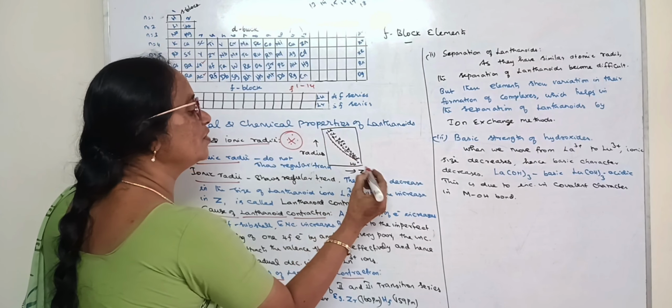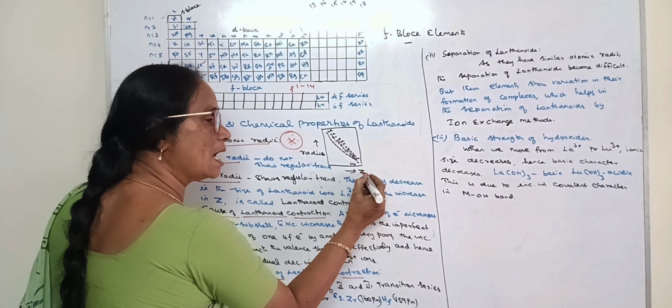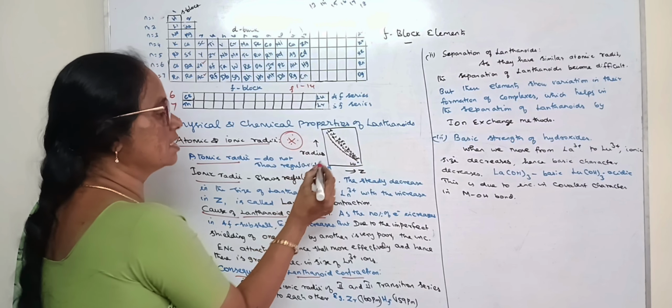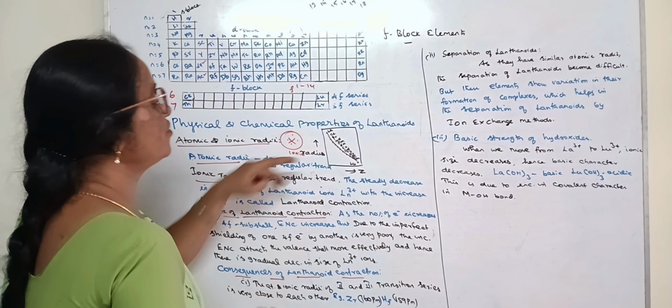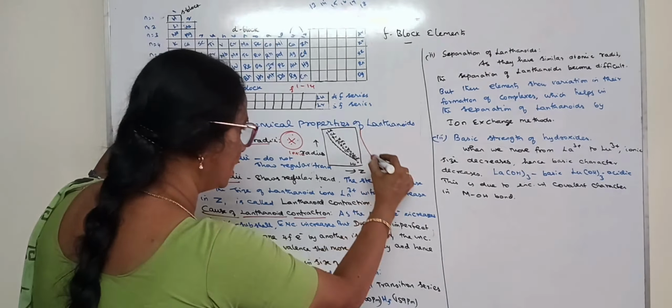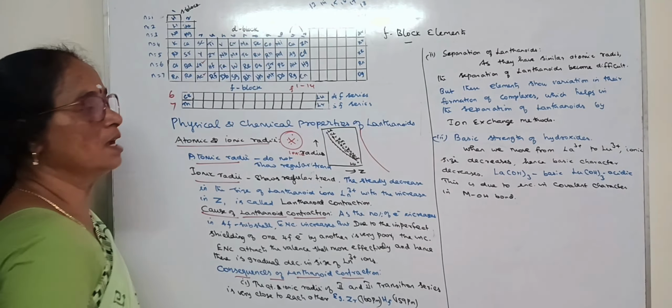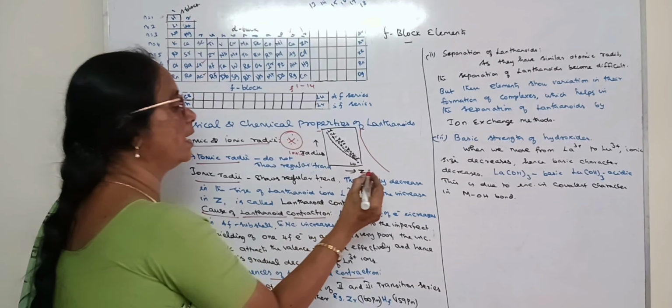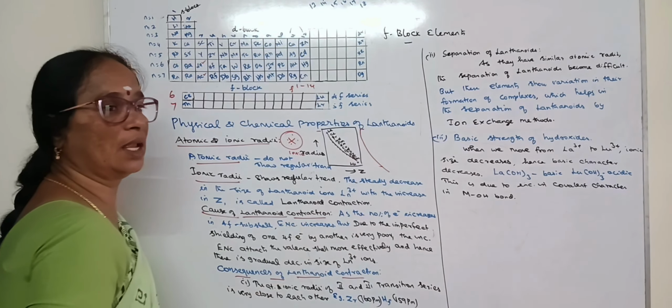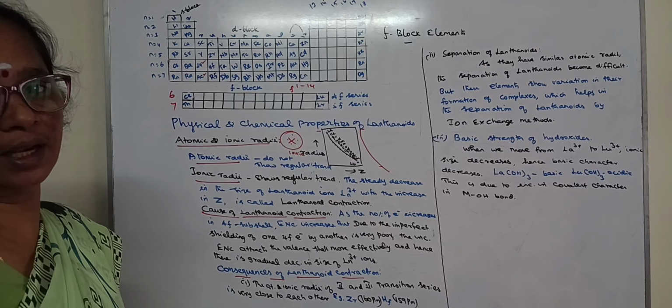So the graph is plotted between the atomic number of lanthanides against their ionic radii. We find the graph shows a steep downward slope. The topmost element has a very high radius, but the bottommost element has a very low radius.